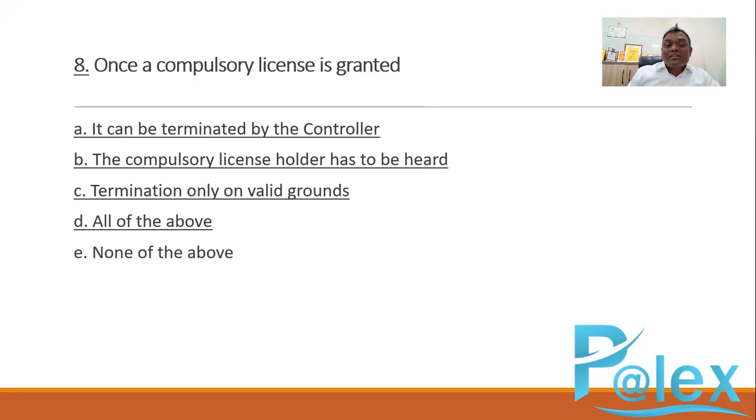The correct answer is a bit tricky, but here it is all of the above, so A, B, C, and D. The compulsory license can be terminated by the controller, the license holder has to be heard, and the termination is valid only on valid grounds. This comes under section 94 of the Indian Patent Act.